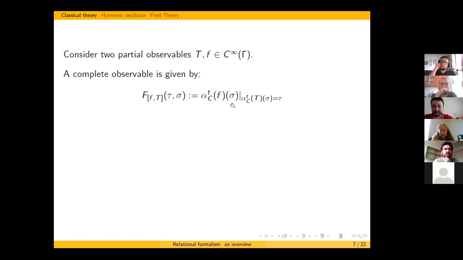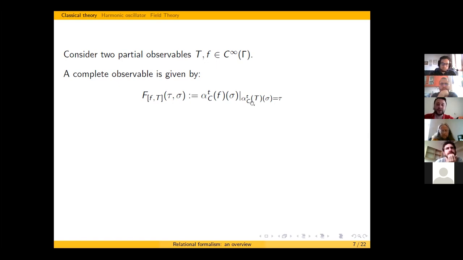So this means basically that we calculate the flow of the first partial observable and ask for which t it takes a parameter value tau. And of course for t, I don't mean just one single t, but it can be many, also infinite, if for example this flow is periodic.